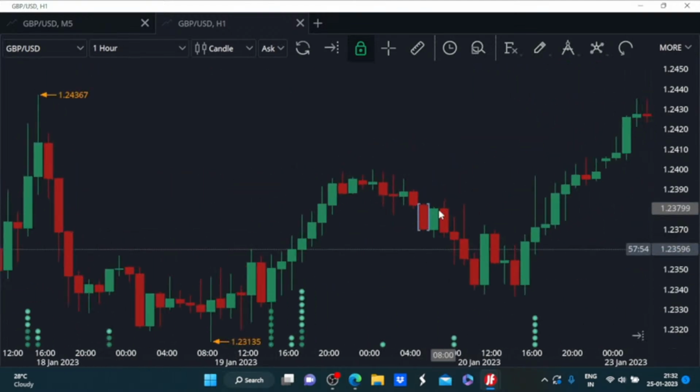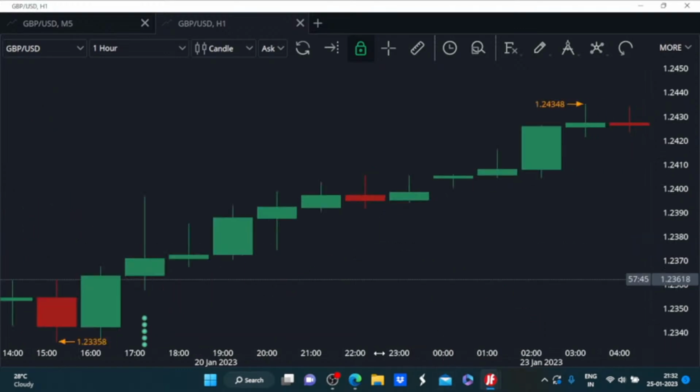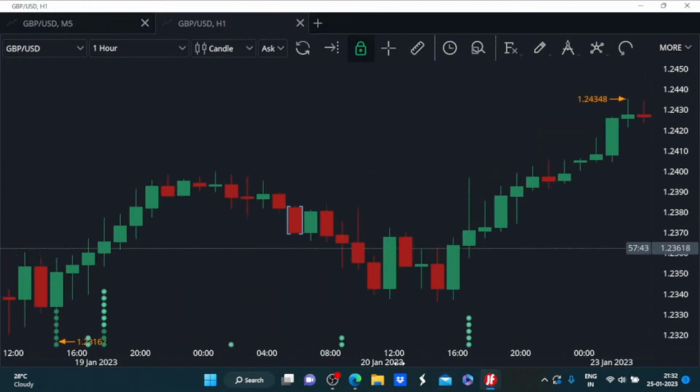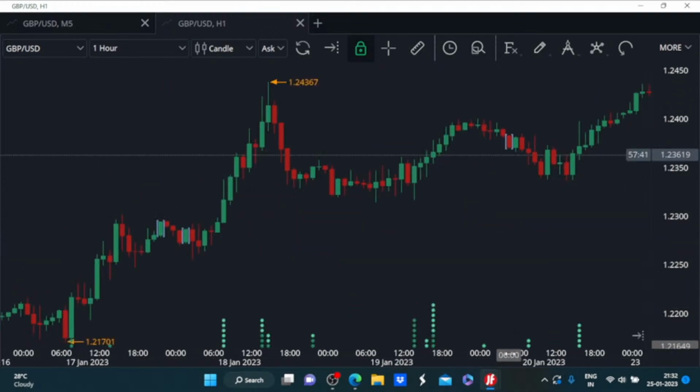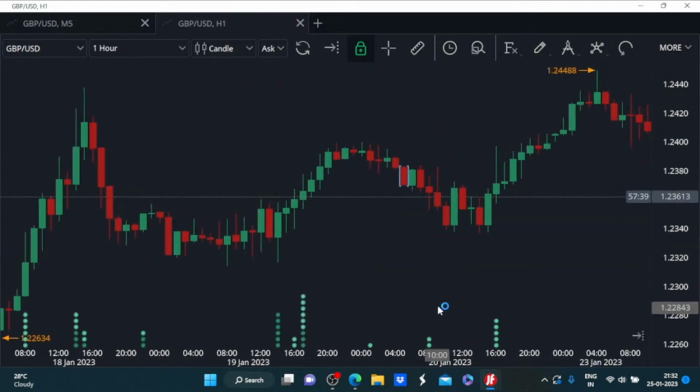Now coming to this bearish Marubozu candle formation. As I said, the opening price of this particular candle is closer to the high point for that candle period, and its low price point is going to coincide with the closing price.